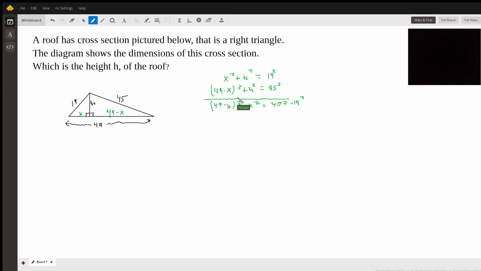So we're going to FOIL this out. 49 times 49 is 2401, minus 49 times 2, which is 98, x. And 45 squared minus 19 squared, according to my calculator, is 1664.